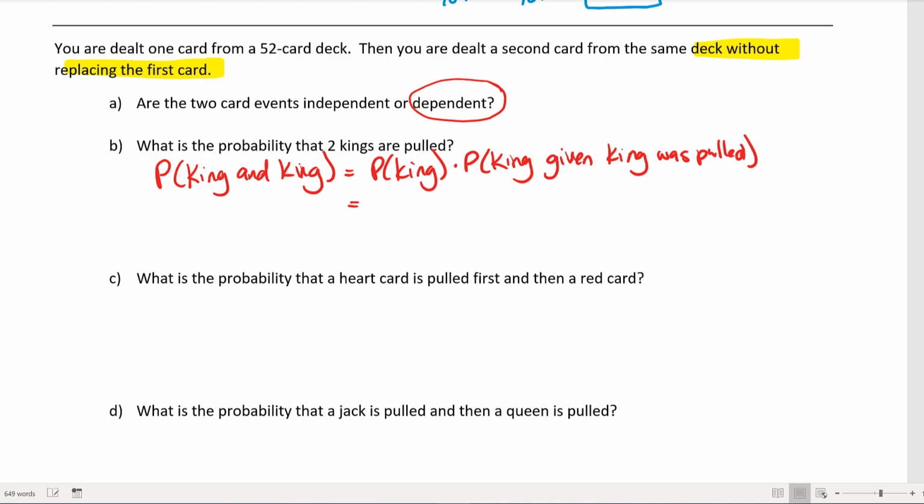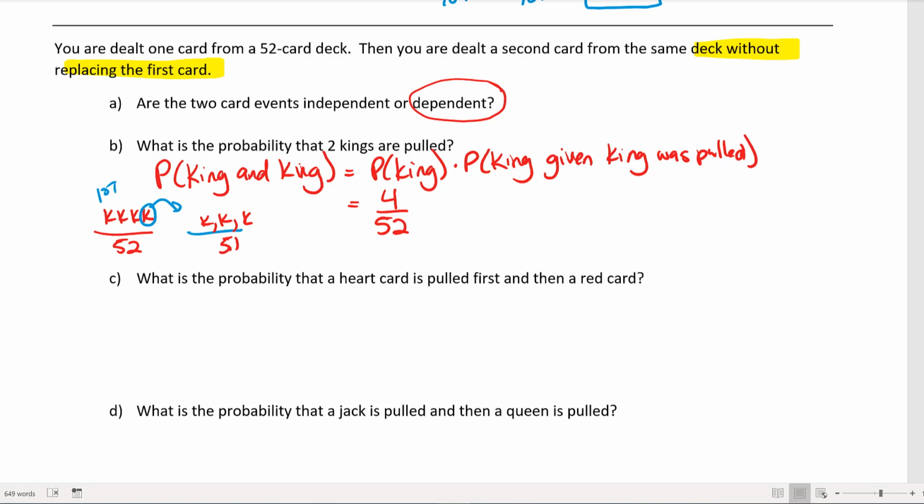So the probability of getting one king for the first pull is 4 out of 52. You have 4 kings in your deck of 52 cards for the first pull. But on the second pull, you actually took out one of those kings. So now you actually only have 3 kings out of how many total cards?